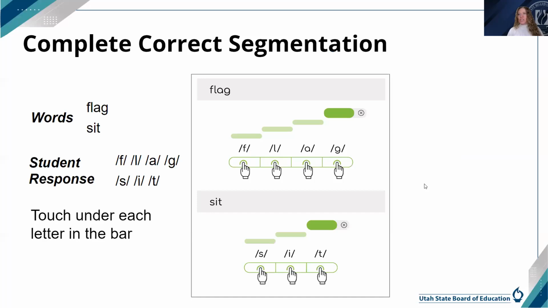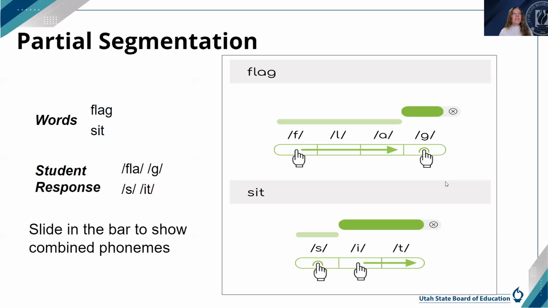So if we're showing correct segmentation, we would just touch under each letter in that bar to show that the student completely segmented the word. If the student is blending sounds, we're going to want to slide our finger again across those blended sounds across that bar, and then indicate any sounds that were segmented by touching them separately.